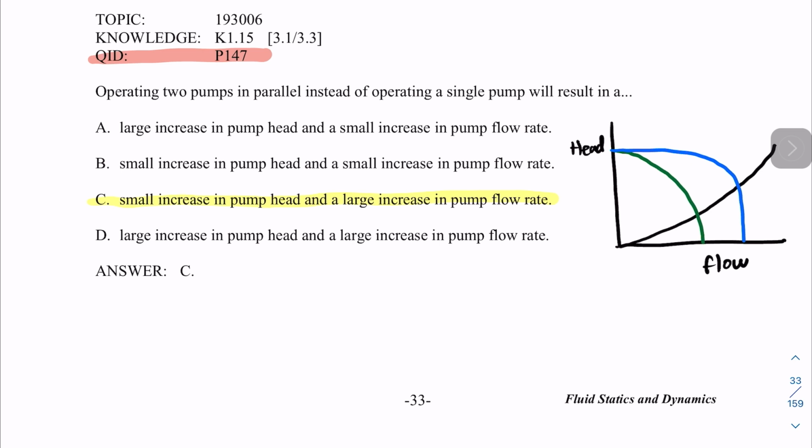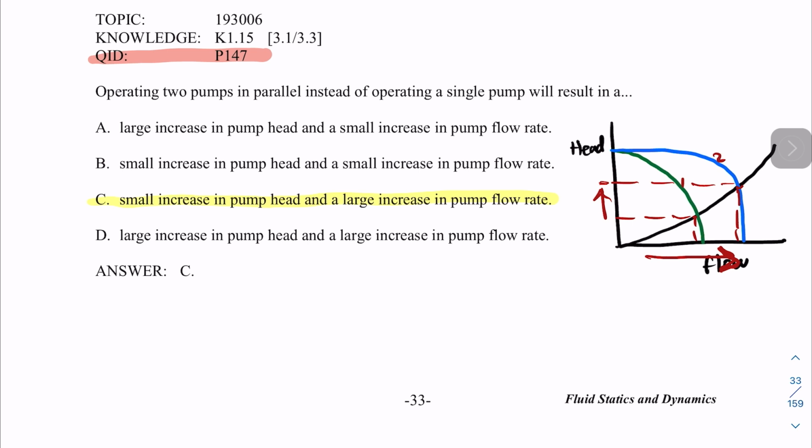So let's take a look at this example. So we have pump 1, we have pump 2. So this is going to be at this point our head and flow, but since we install the other one, our head is increased, and our flow is increased, right?